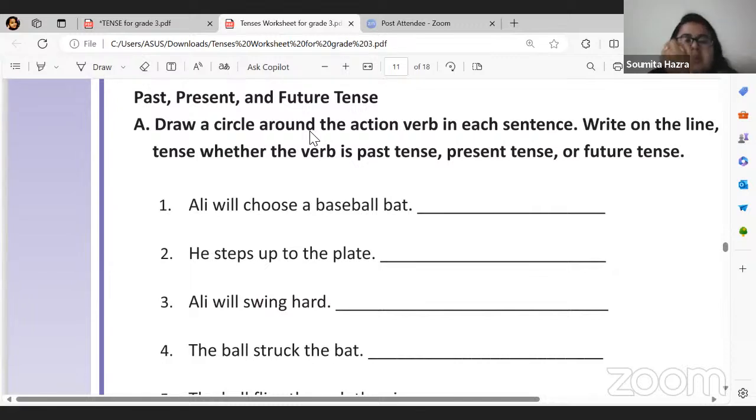Ali will choose a baseball bat. Will choose. You have 5 minutes left for this class. I want to complete this exercise. Is this written in present tense, past tense or future tense?